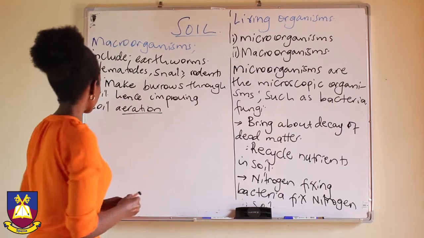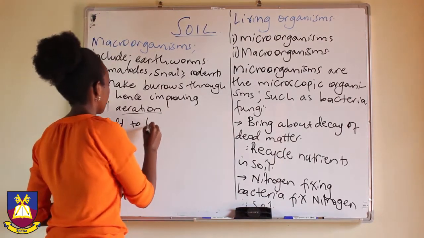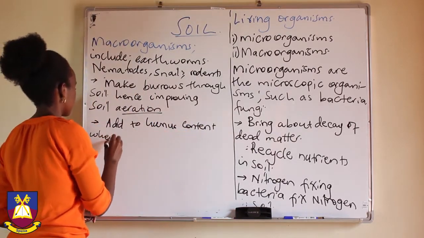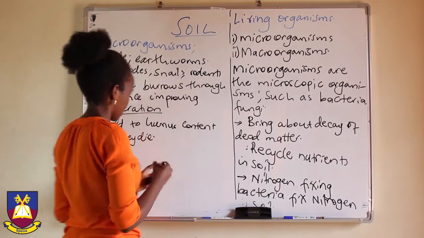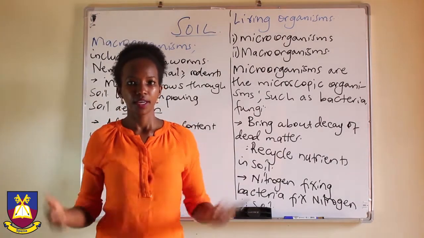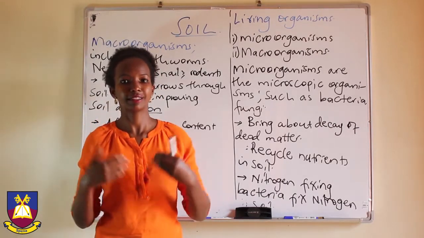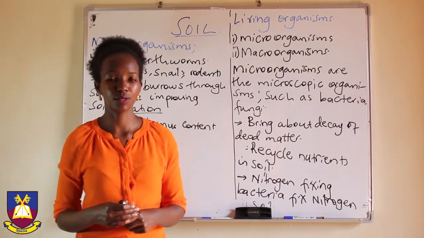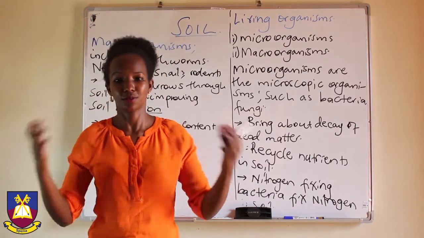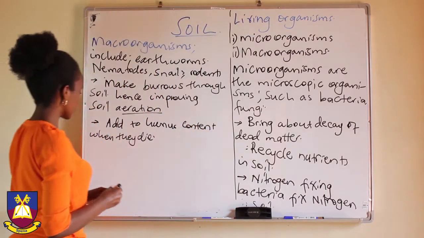Also, they add to humus. Humus is very important in adding to the fertility of soil, making it better for plants to be able to grow and thrive within that soil. They also mix soil.